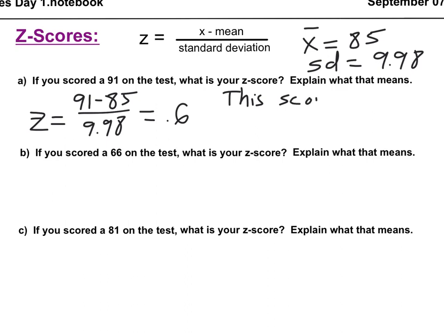This score is 0.6 standard deviations. It's a positive Z-score. So that means it was above the mean. Okay? The units change to standard deviations. It's kind of weird at first because you're like, standard deviations can be a unit, and it totally can. And it's actually one that we really like.